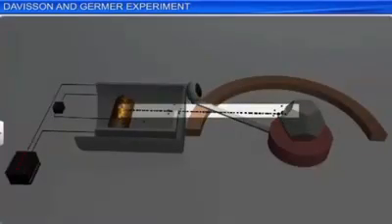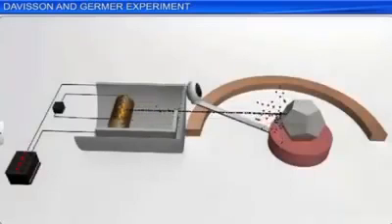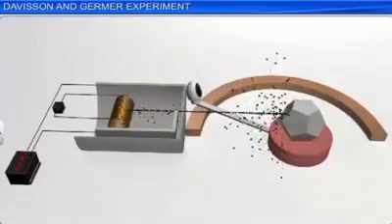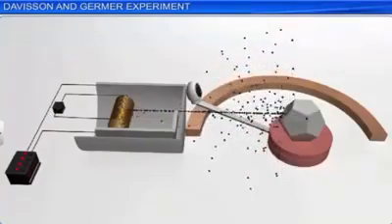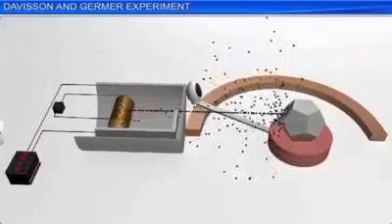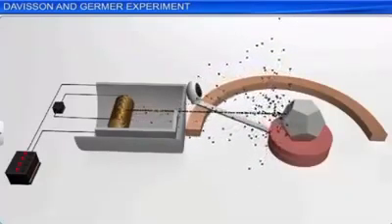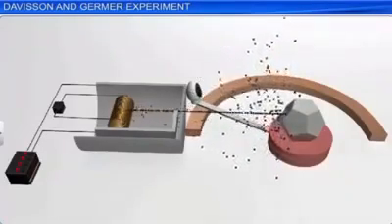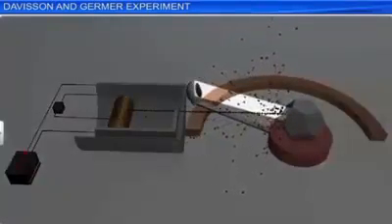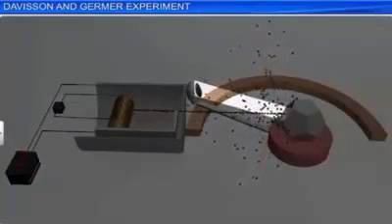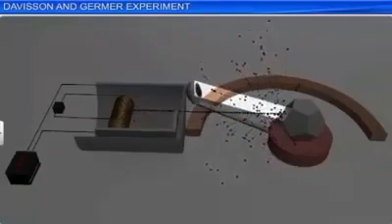This collimated beam is directed to fall on the surface of the nickel crystal. The electrons are scattered in various directions by the atoms of the crystal. The intensity of the electron beam scattered in a given direction is measured by the electron detector or the movable collector.